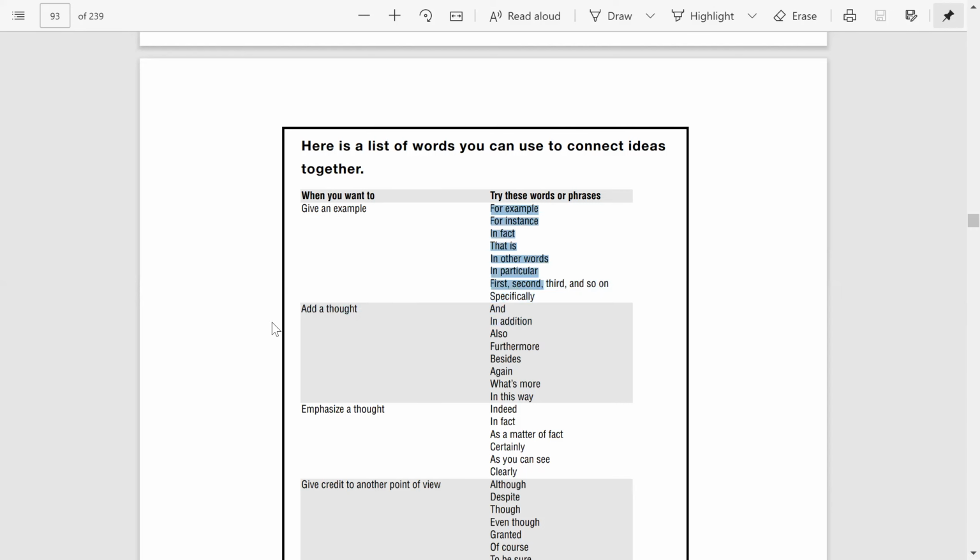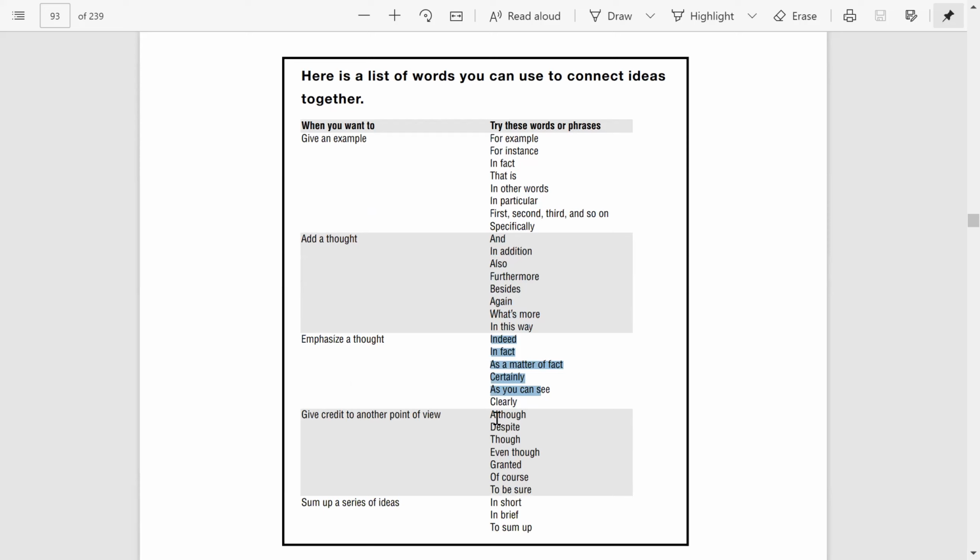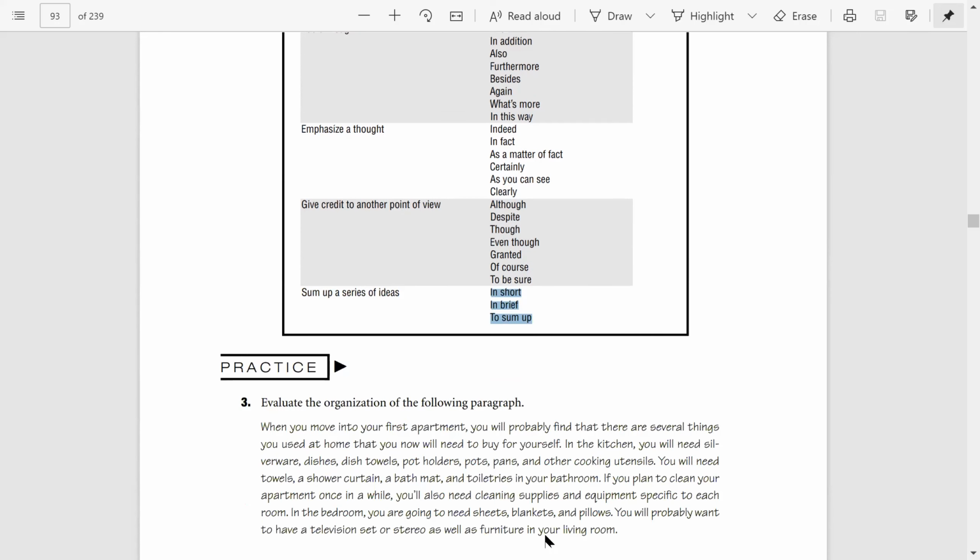If you want to add a thought while writing, you can use these connectors, these words and phrases. In order to emphasize a thought, you can use these words. In order to give credit to another point of view, you can use these words. And in order to sum up a series of ideas, these words or phrases can be used.